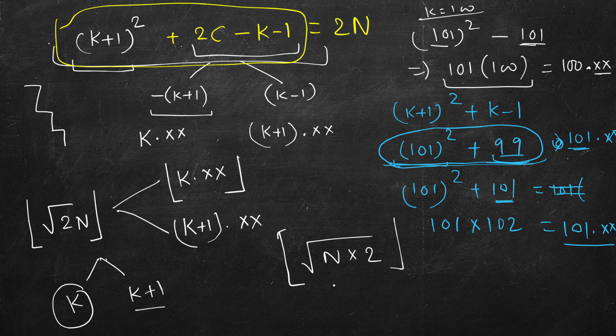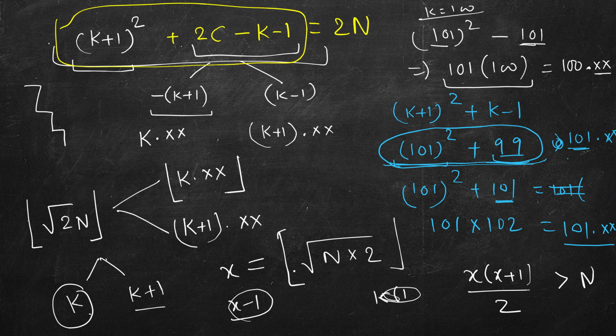So for that, we will see, this can be k or k plus 1, let's call it x. So this x can be either k or k plus 1. We will see if x multiplied by x plus 1 by 2 is more than n, then we will return x minus 1, else we will return x, because it can be either exactly equal to k or 1 more than k.